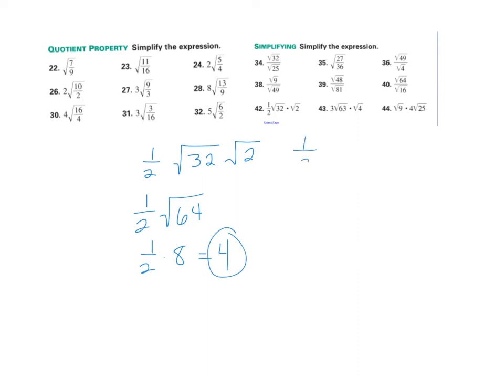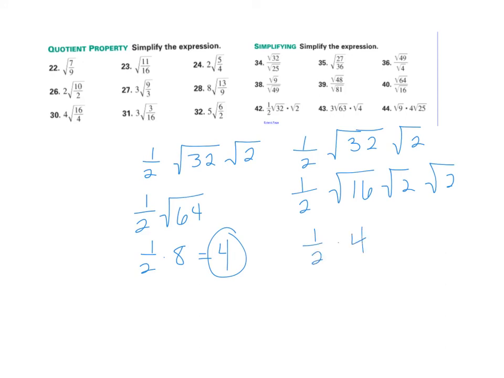Let's do that a different way. Let's see if we can simplify this. Square root of 32, you could do square root of 16 times square root of 2, times 1/2. Square root of 16 is 4, so you'd have 1/2 times 4, root 2 times root 2.